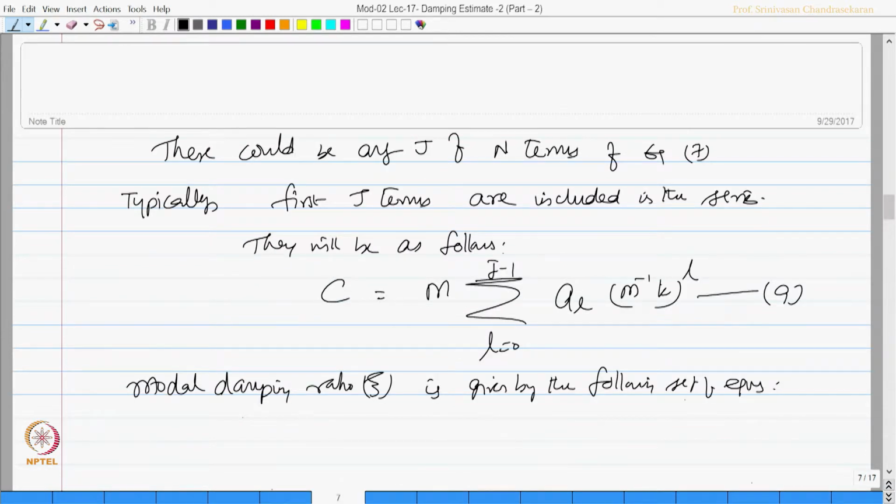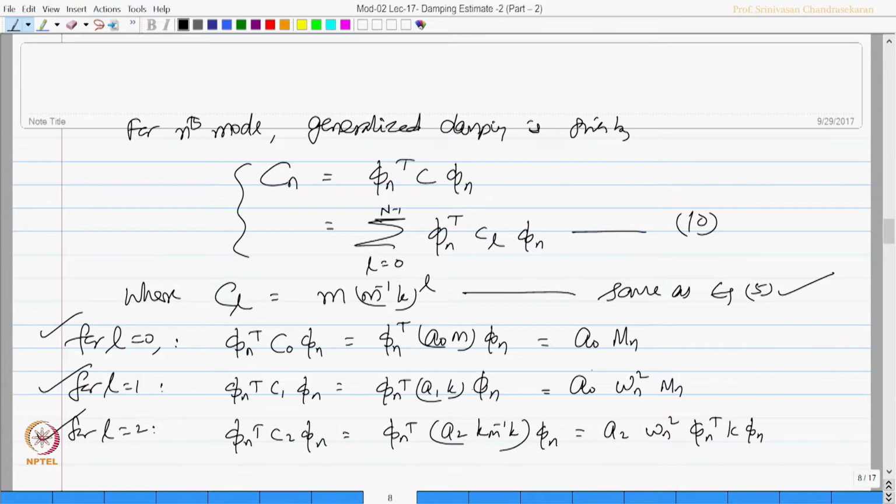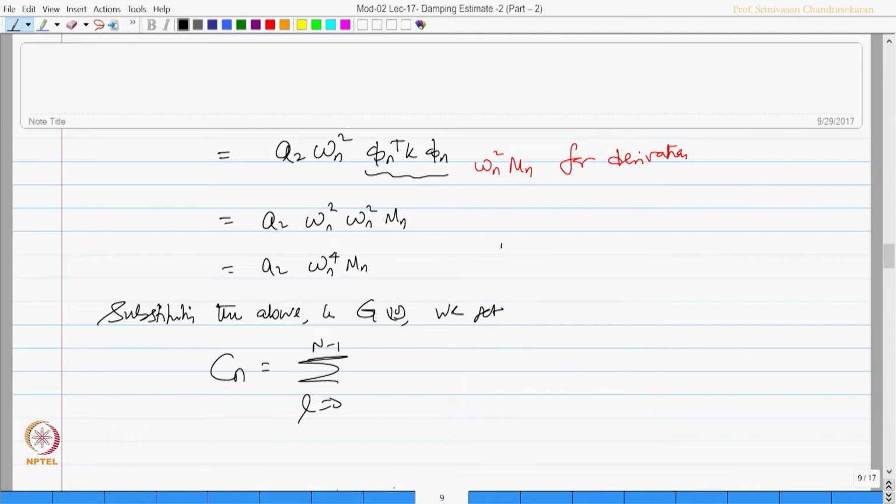You can see here equation 10, C n, L equals 0 to n minus 1, phi n. So, we have worked out phi n transpose C 0, C 1, C 2, we have to do the summation, right. So, it is going to be A L omega n 2 L of m n, equation 11.